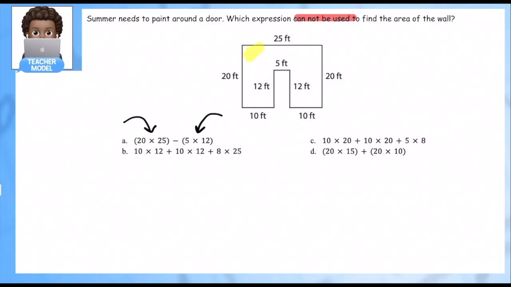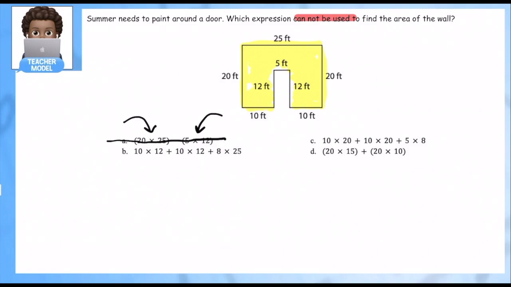Let's take a look. It would be for finding the area of this entire rectangle that's yellow, but then we're going to subtract this part over here, because that part would be 5 times 12. That would be a valid way to find the area. So we can eliminate this choice.